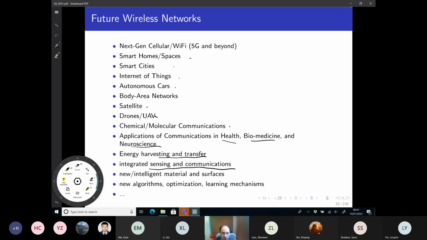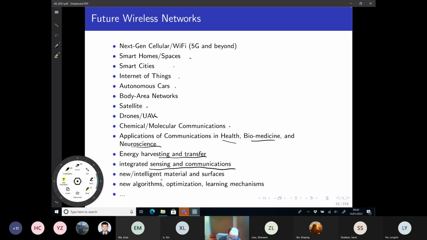So you can view your whole wireless network in the future as a way to have giant sensors that would sense what people do, what happens around you, but also for communication. So you have the power transfer, you can have sensing, you can have communication. Those future wireless networks may be much more than just communication per se.